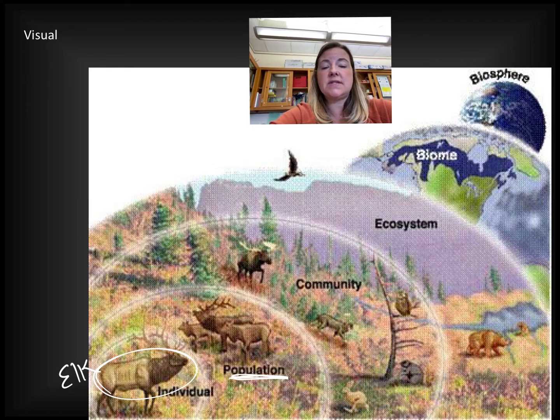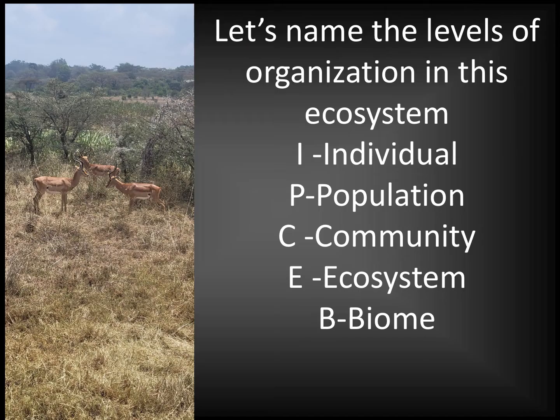Within that ecosystem, when I call it an ecosystem, I have to include the abiotic factors. So that is going to include things such as the air and the water, as well as all of the populations that make up the community. Within a biome, the biomes are going to have similar temperatures and precipitation, and then we put it all together to have our biosphere. So you want to be able to name the levels of organization in this ecosystem.